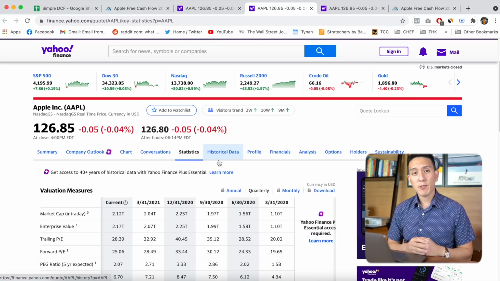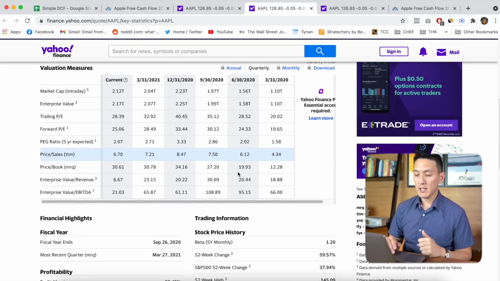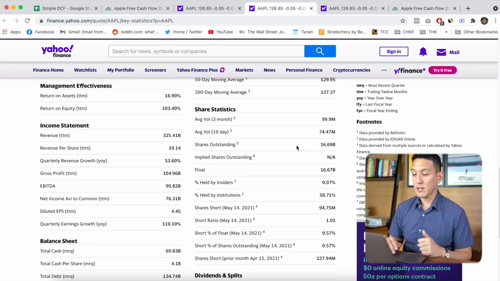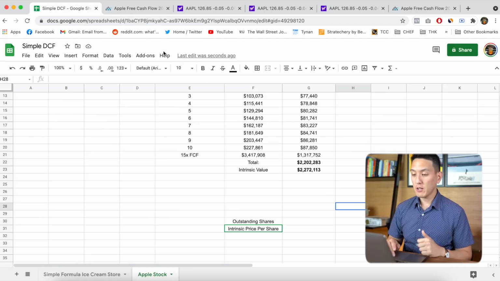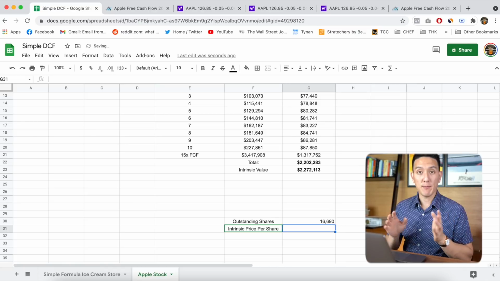If we take it a step further, we can put down Apple's outstanding shares. If we go to the statistics tab on Yahoo Finance and scroll down, we can see that their shares outstanding is 16.69 billion. Taking that number, I can type in 16,690 because we're operating in millions again.